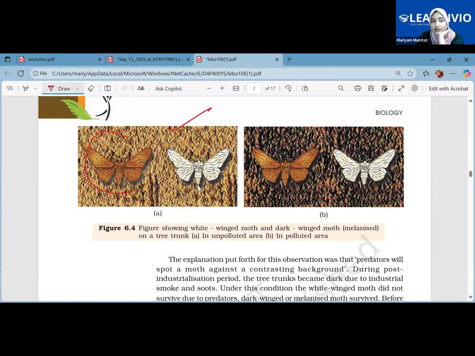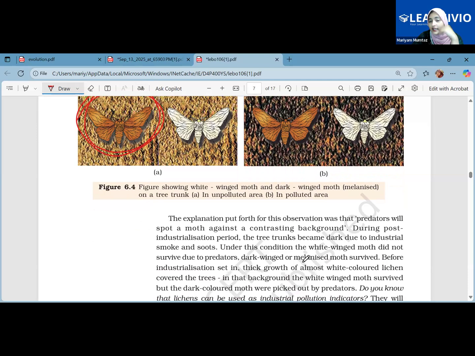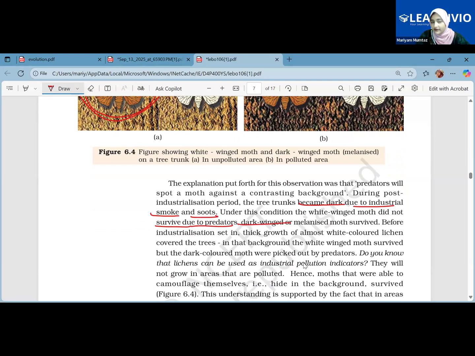So if a moth was sitting on the tree, it was picked up by the bird and eaten. On the other hand, after industrialization, the tree trunks became dark due to industrial smoke and soot. Under this condition, the white winged moth did not survive because predators ate them, whereas the dark ones were camouflaged, so they survived.